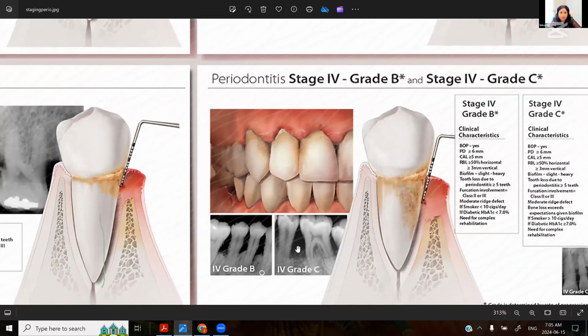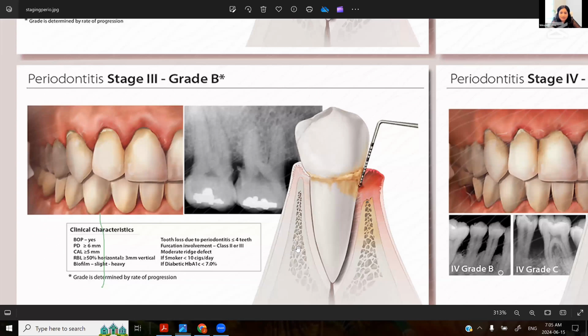Look at the stage 3 now, how it would look on X-rays. Now you see the furcation involvement initial here, the PDL widening. Class 2 you can say, not 3, not cul-de-sac precisely, but the PDL and the furcation loss is now happening.